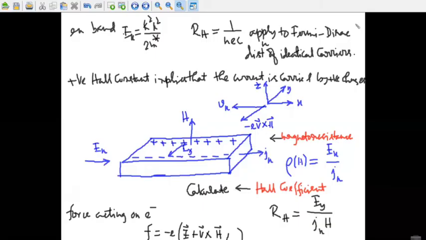So in a sense, a measurement of the Hall field determines the sign of the charge carriers. Hall's original data agreed with the sign of the electronic charge later determined by Thomson. One of the remarkable aspects of the Hall effect, however, is that in some metals the Hall coefficient is positive, suggesting that the carriers have a charge opposite to that of the electron.